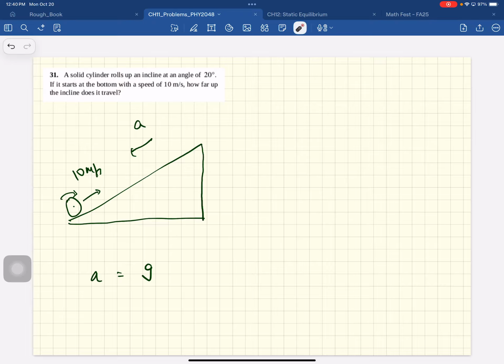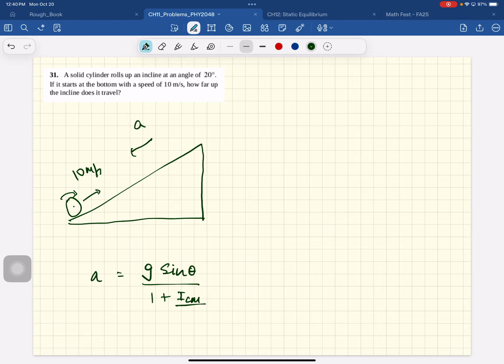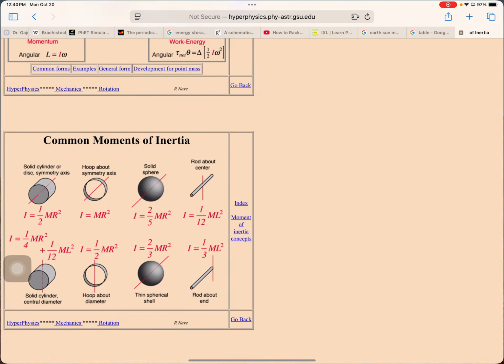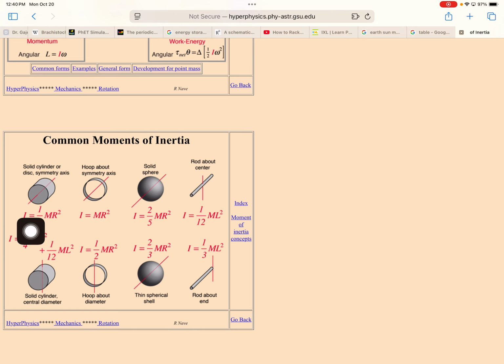And you can look up I center of mass is 1/2 mr squared for a cylinder.